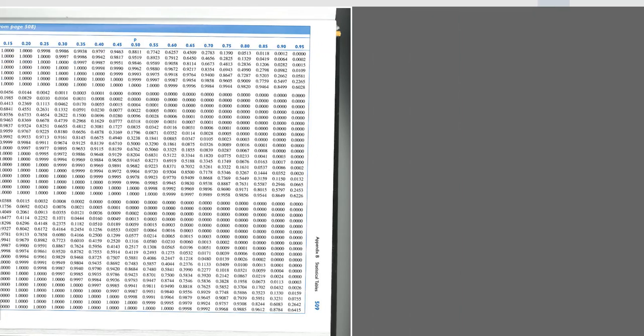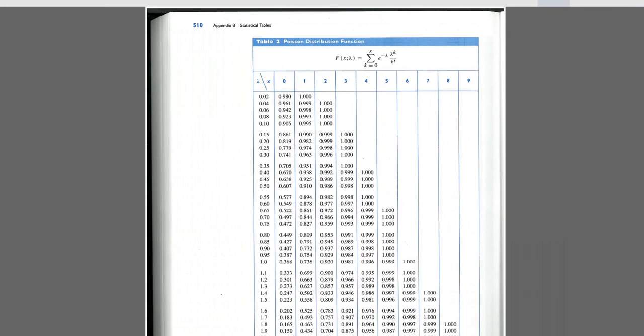Then table 2 is the CDF for the Poisson distribution, and for the Poisson distribution, lambda is the parameter. Okay, so you look at the lambda values, and then we have the x values there.